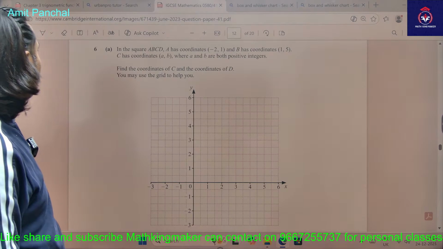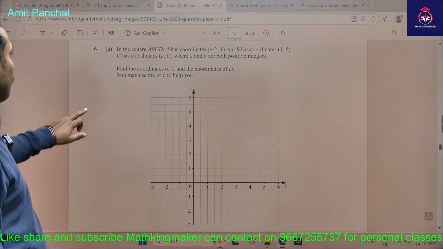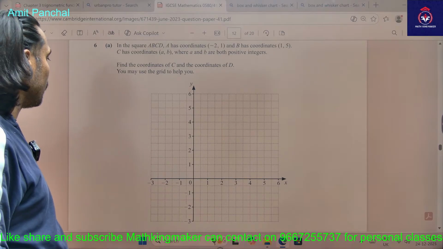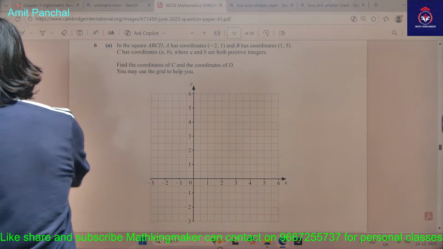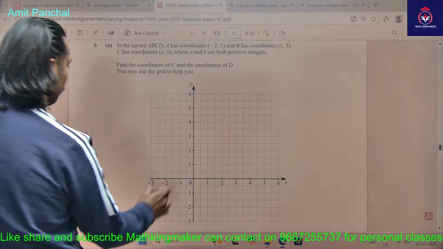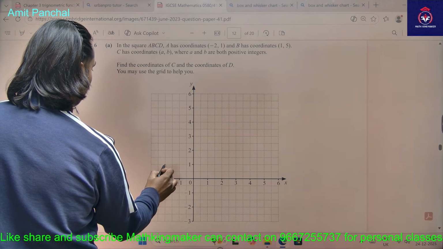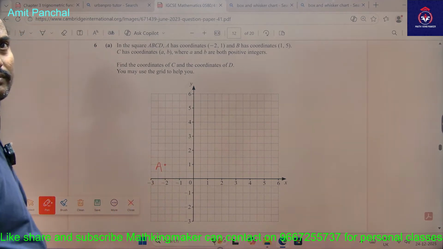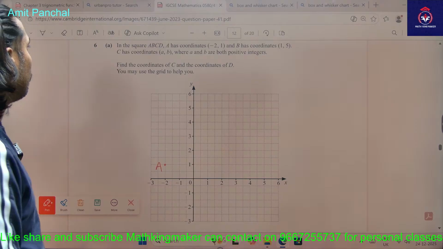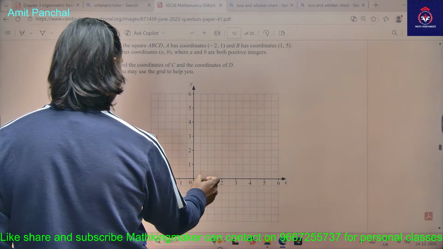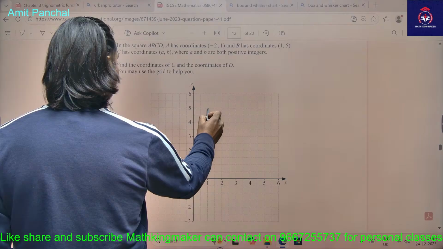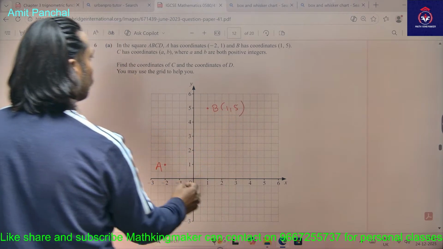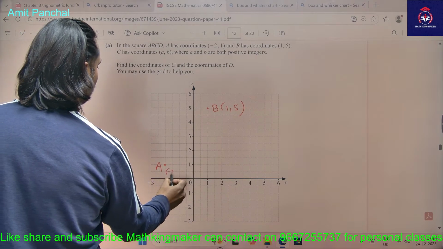In the square ABCD, A has coordinate -2, 1. So just plot -2, 1. Yeah, I did that. I plotted all of the points given. This one will be A. And B is 1, 5. This will be B. A is -2, 1.